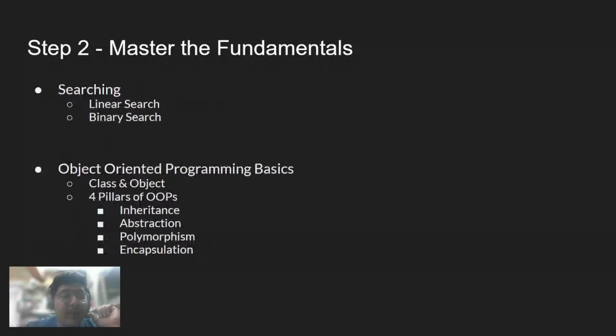Now, coming to the searching algorithms, searching has a wide usage in our real world as well. You search messages on WhatsApp, you go to Google and you search up topics, you search up info. All these involve searching algorithms, and there are two basic searching algorithms that you need to cover: linear search and binary search. Again, very important.